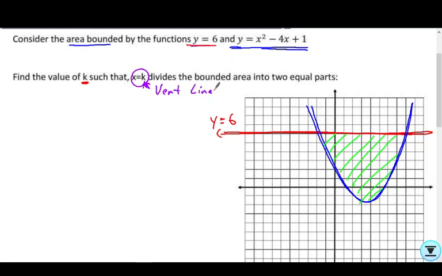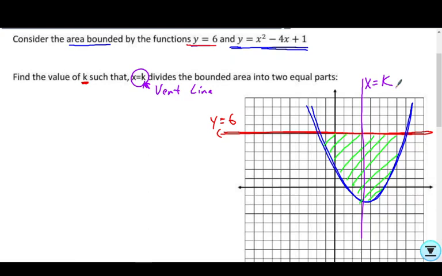So there's going to be some vertical line here, x equals k, that's going to divide this whole area into two pieces that are exactly the same area. That's what this problem is basically asking us to do.